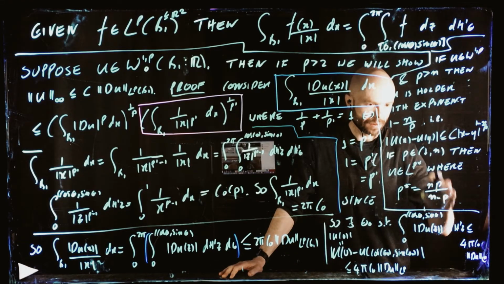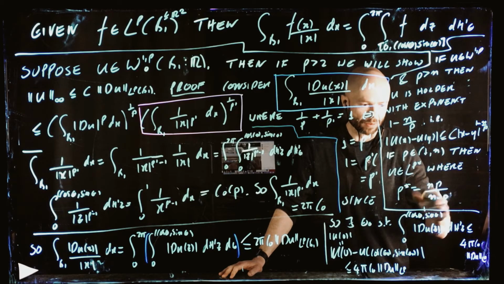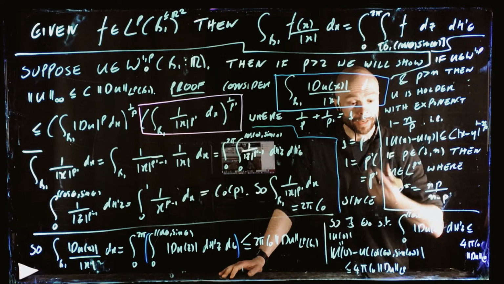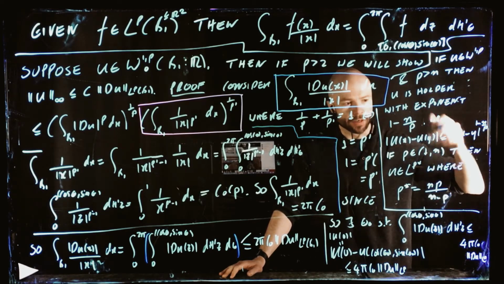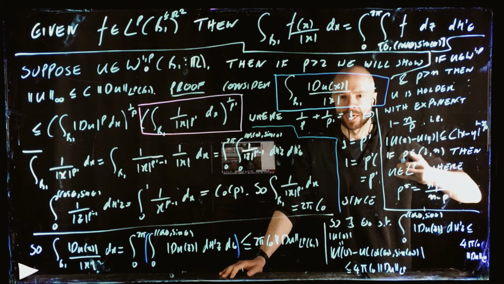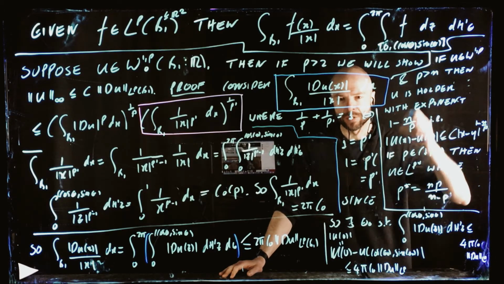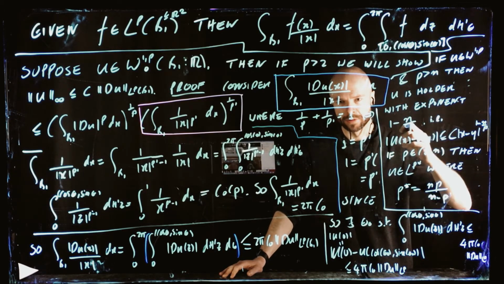Right, so as p gets closer and closer to n, we are more and more integrable, and this integrability tends towards infinity. And as we just cross over n and go to something bigger than n, then suddenly we are bounded, right? So this is sort of a continuous spectrum here.